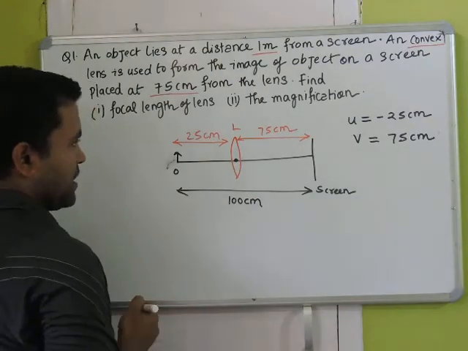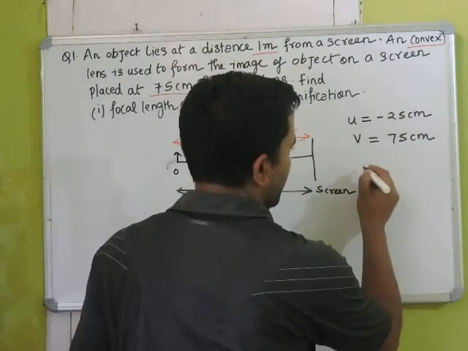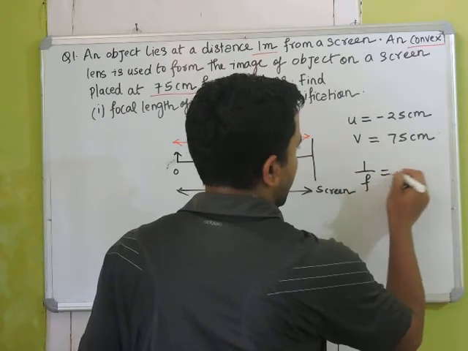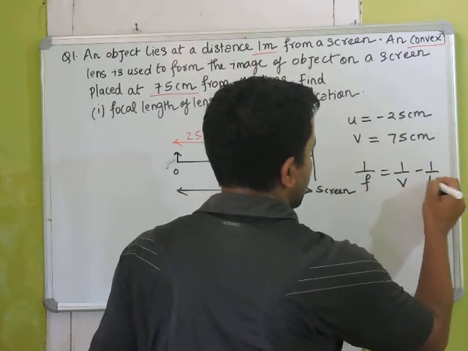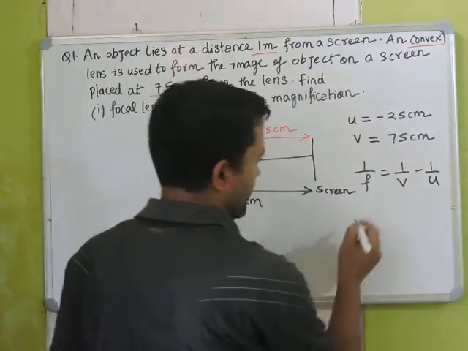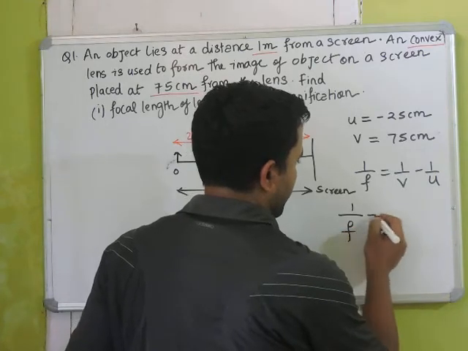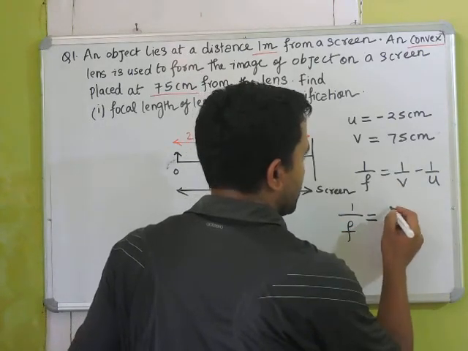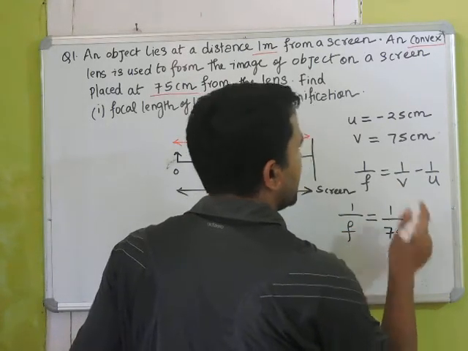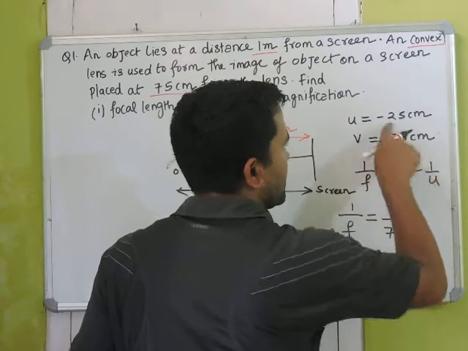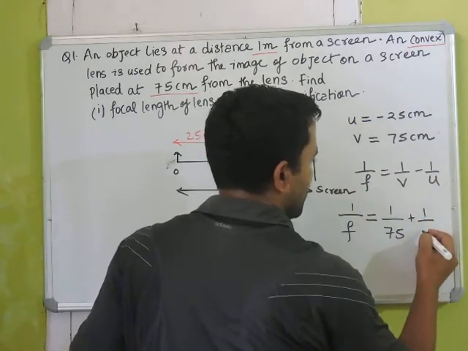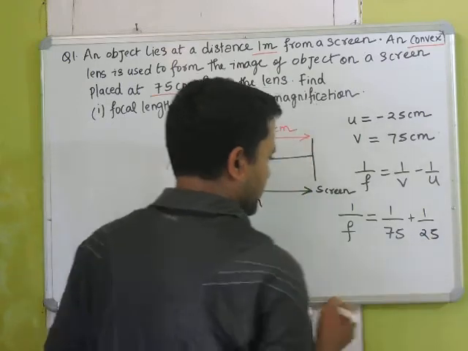Using the lens formula, which is 1 by F equals 1 by V minus 1 by U, if I substitute the values, I will get 1 by F equals 1 by 75 minus 1 by minus 25, which is 1 by 75 plus 1 by 25.